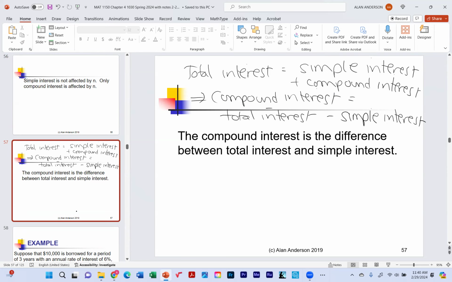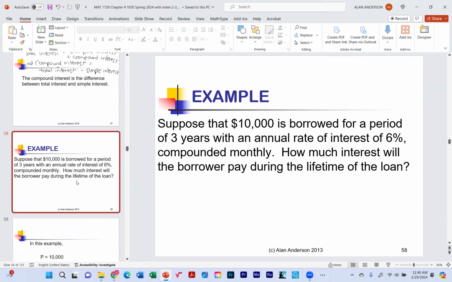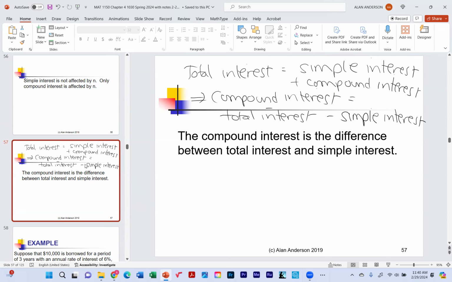All right. So now I think it's time for an example. Let me leave that there for a second so you can catch up, and then we'll do a numerical example. All right, here we go. Let's look at an example.